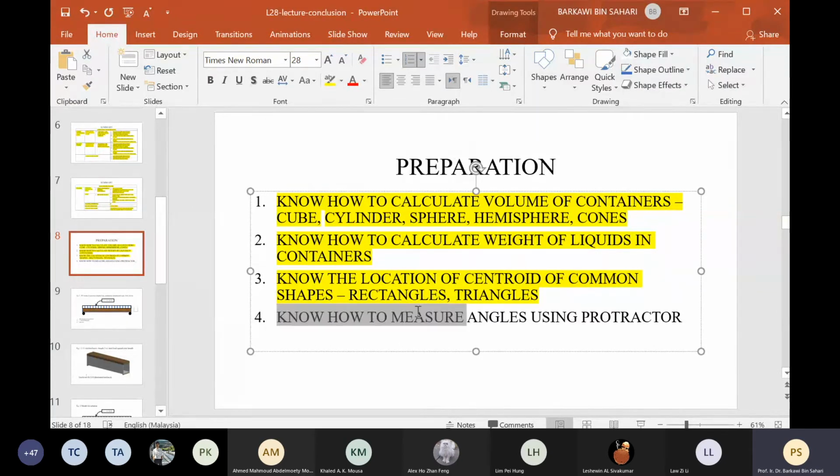And for the Mohr's circle, know how to measure angles using a protractor. I know it looks simple, but not very often do we actually measure angles. For this particular case, you really need to measure the angle using a protractor, especially for your Mohr's circle. So that's the preparation. Some is knowledge preparation, some is skill preparation.